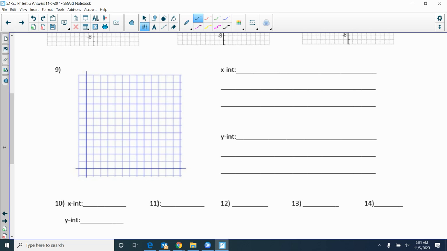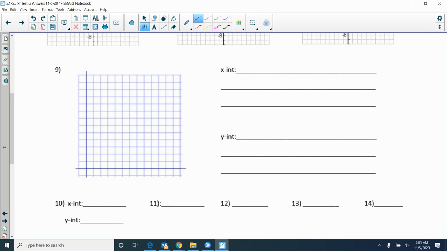What does x stand for in this one? Colin? x stands for the amount of jackets. Okay, x is jackets. And what's y, Colin? y is the number of skirts.